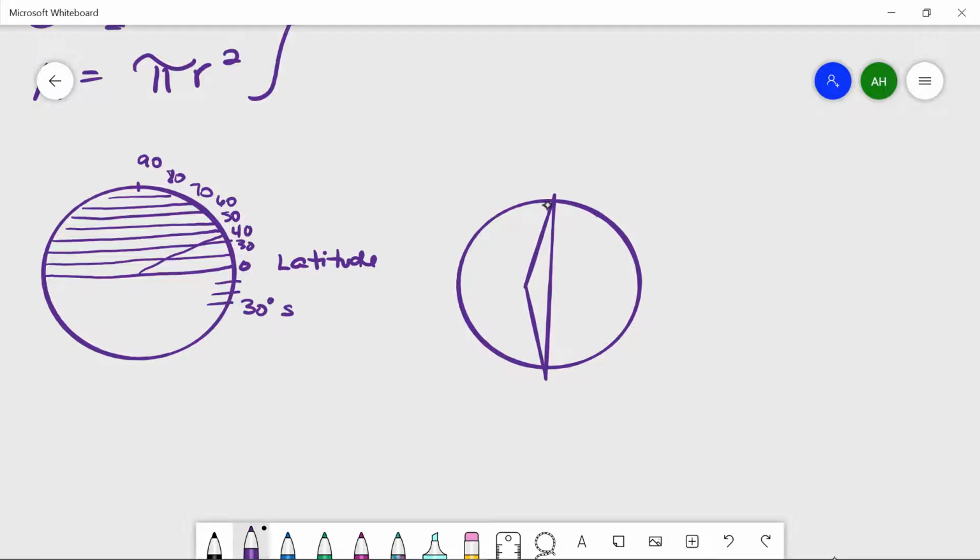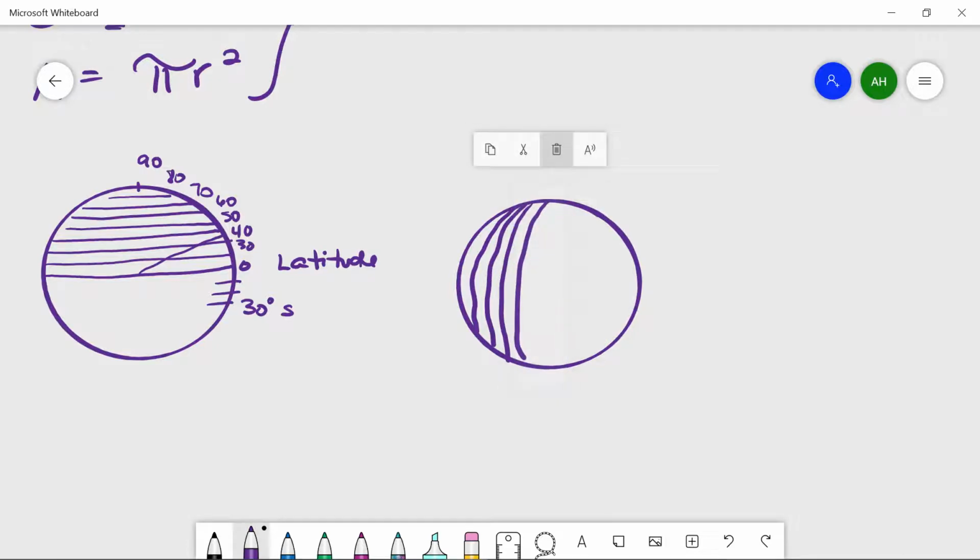These are going to keep moving around like this, and there's a degree of separation with each of these lines, so that this one right here goes through Greenwich, England. These are our longitude lines.